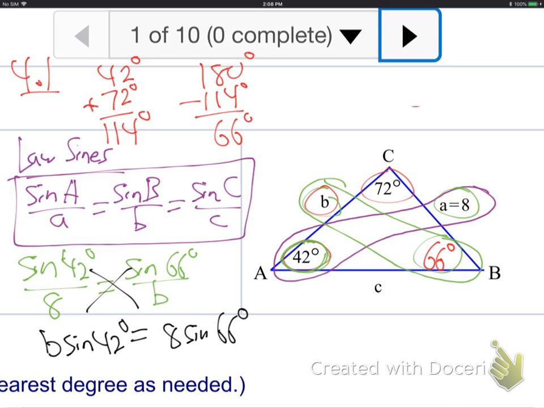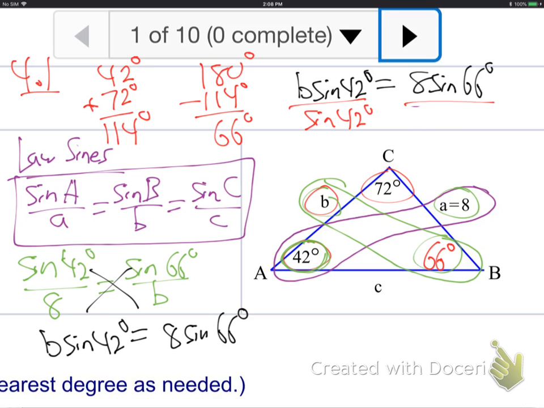So we've got b sine 42 is 8 sine 66. How do I get the b alone? You divide both sides by sine 42. There it is.